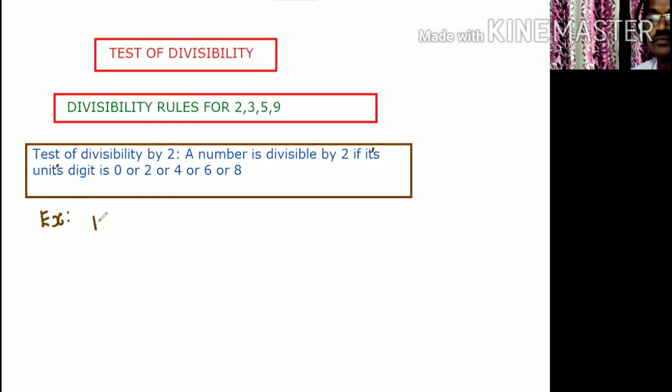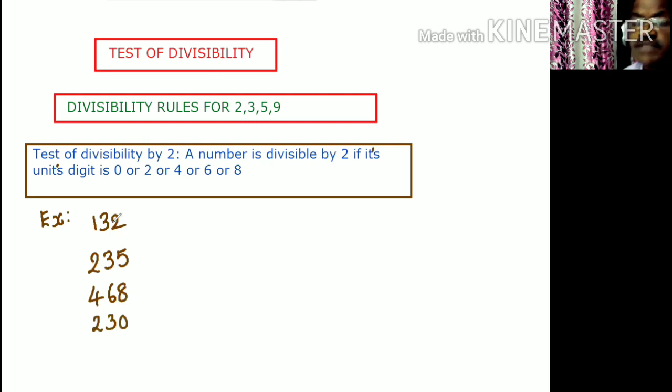132, 235, 468, 230. In 132, units digit is 2. Therefore, it is divisible by 2.